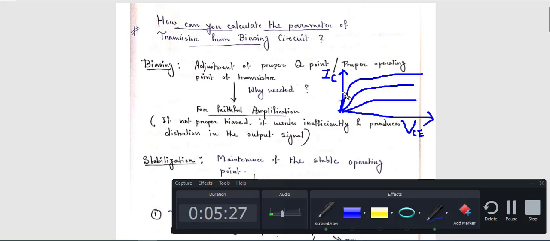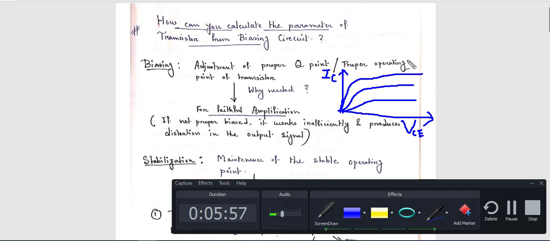First you need to know the parameters for the output characteristics curve and also in which configuration the transistor works. Here we are assuming that the transistor works in common emitter configuration. In that case, the output parameters will be output current, that is collector current IC, and the output voltage, that is collector emitter voltage. And this is the output characteristics of a transistor.